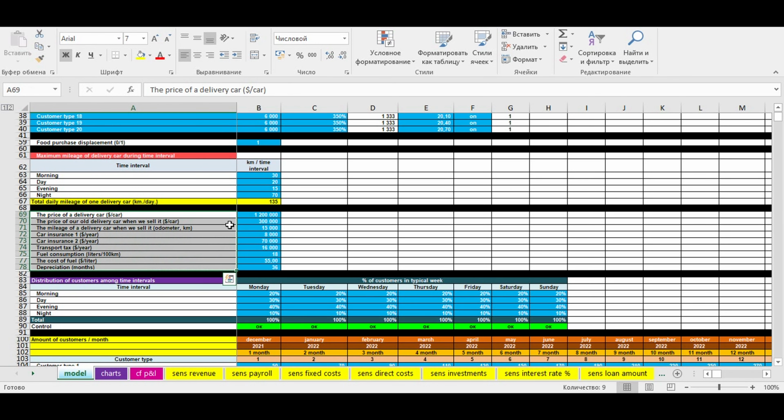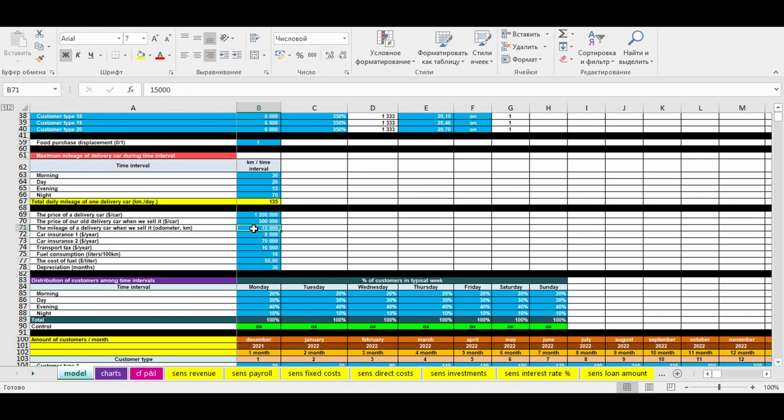Here, you enter the price you buy it. Then you enter the price you sell an old delivery car when it reaches a specific mileage on its odometer. Then you enter a mileage when your delivery car becomes old and it's time to sell it.